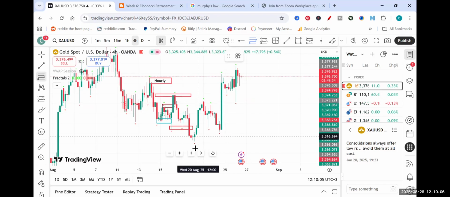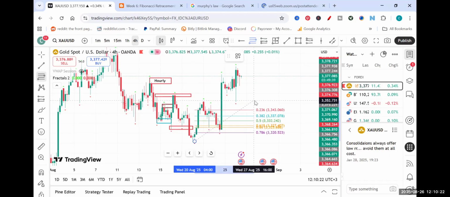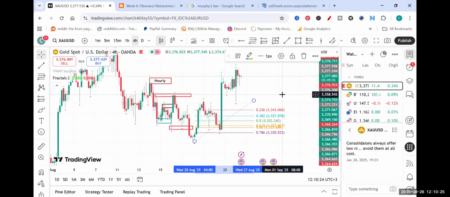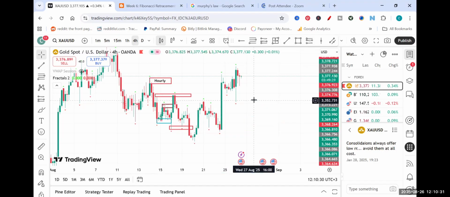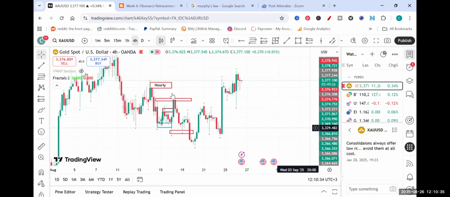When drawing a Fibonacci retracement level, like we saw in the notes, you start from left to right. In this instance, this is left to right, and we're going to find the support level. And if we're going to look for resistance, we also go from left to right. So the first one is support.